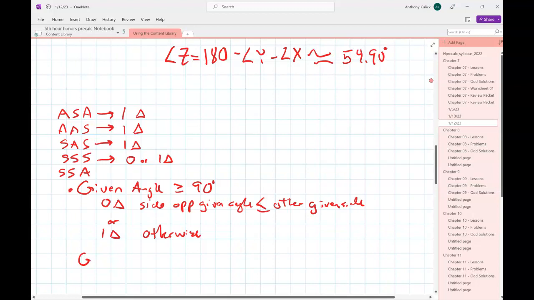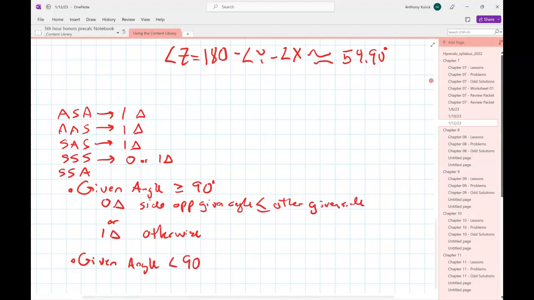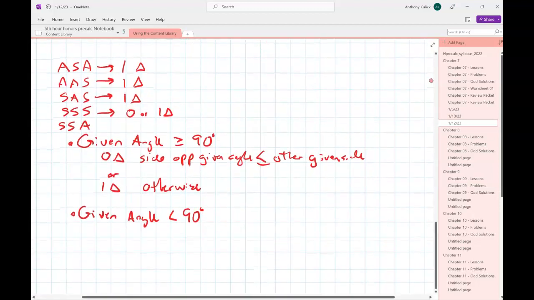Then the other case that we have is when the given angle is acute. So we're either going to have 1 triangle, or we can have that ambiguous case.